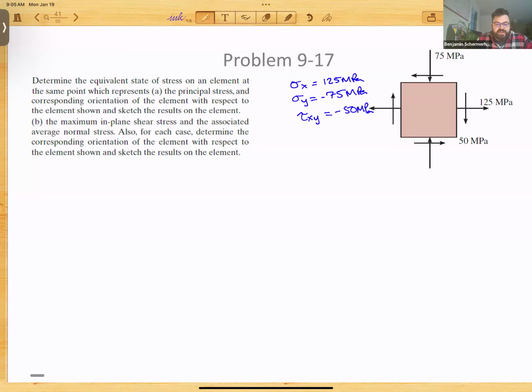So we've got that sign convention down. That might have been the one thing that you had to look at for the previous slide. But step one here is going to be to identify the center and the state of stress.